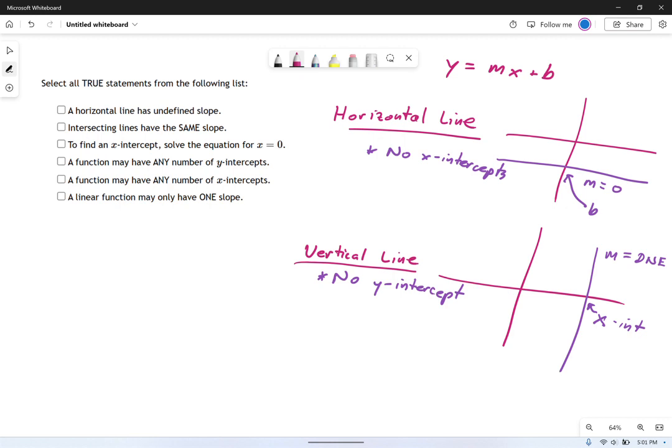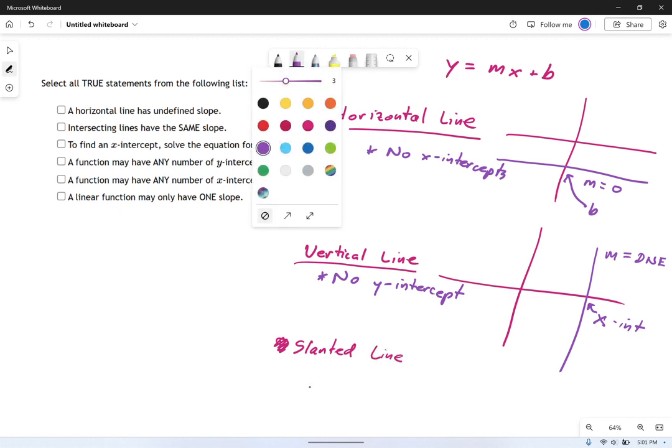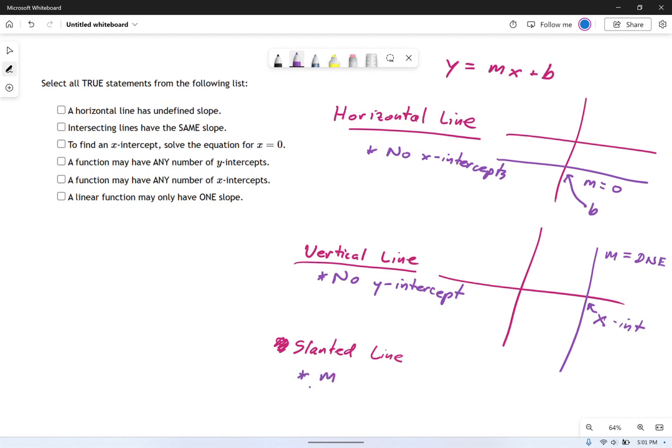And then if you have a diagonal line, or let's just say a slanted line, in this situation, m is not equal to 0, and m and b are both defined. In other words, there's none of this crazy infinity stuff going on.